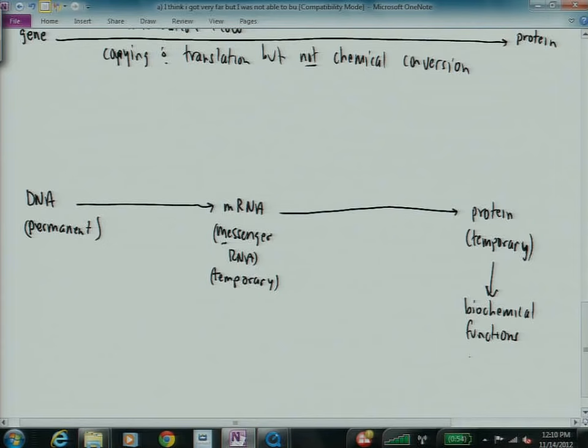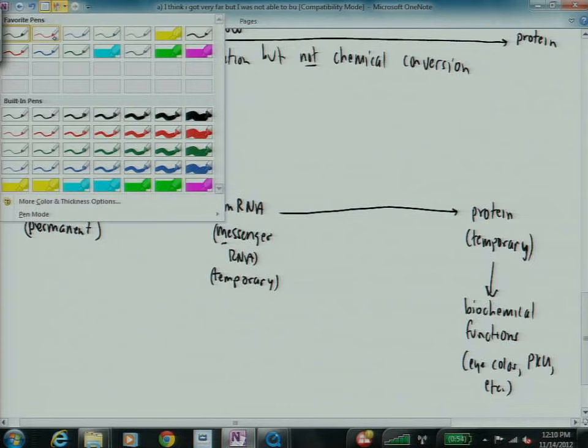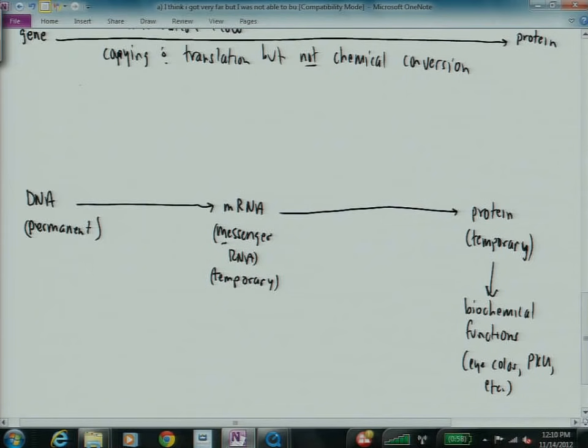All right. So there's a couple of steps I want to talk about here. This first step is called transcription. And that is making mRNA copy, or making a mRNA copy of a DNA template.